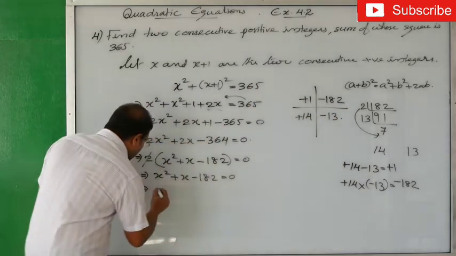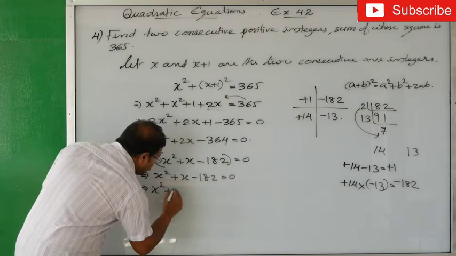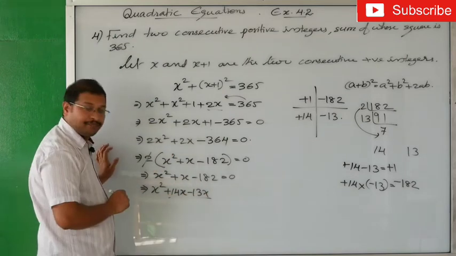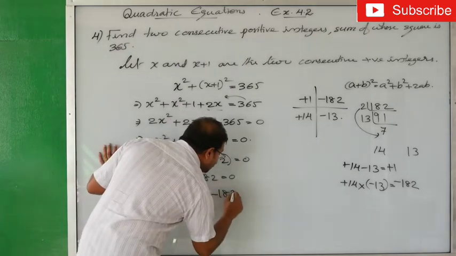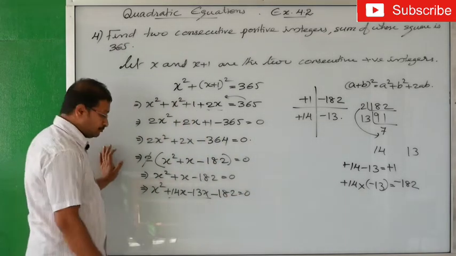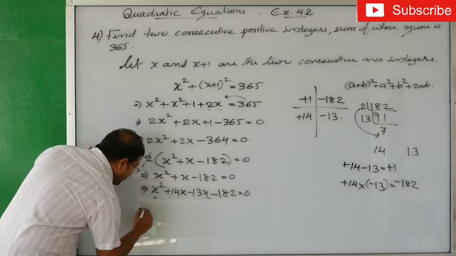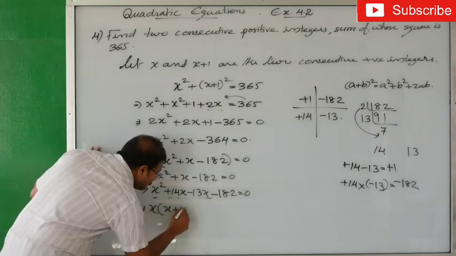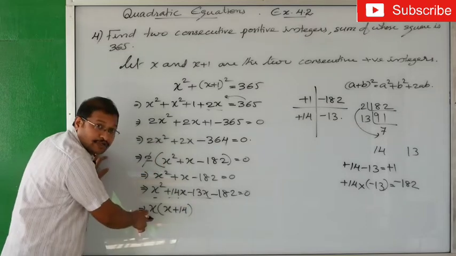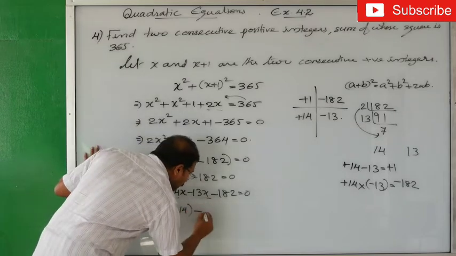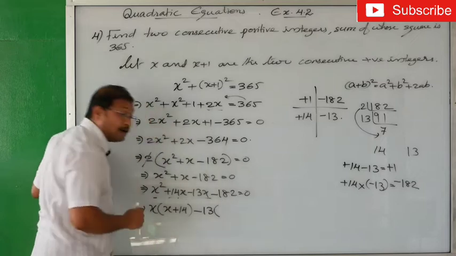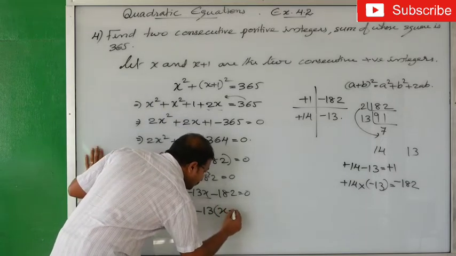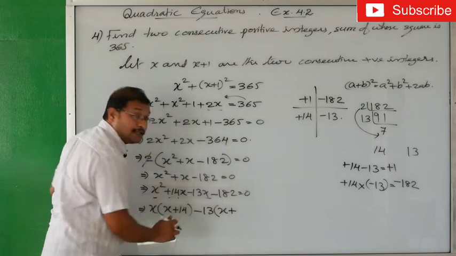Ready? This implies x square plus 14x minus 13x, breaking the middle term, minus 182 equal to 0. From these two, what will we take common? x. So x bracket x plus 14, taking x outside from 14x. Minus, from these two, I am taking minus 13 outside. Then the balance is x, and since we took minus outside, it will be plus 14, because 13 into 14 is 182, isn't it?